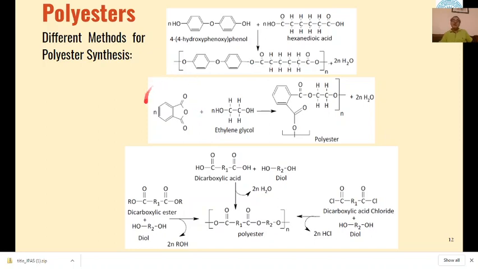Then polyesters can also be formed from the condensation of anhydrides with glycols. So here we will get three-dimensional polyesters.